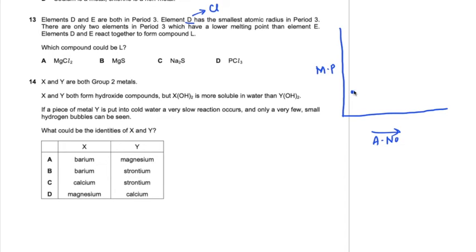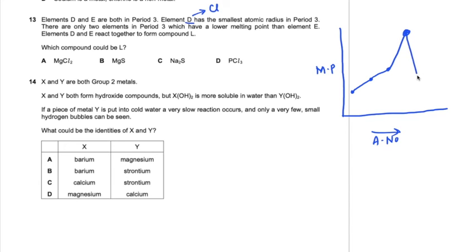From sodium to magnesium, melting point is increasing because there is a strong metallic bond, and aluminum has a stronger metallic bond than sodium and magnesium, so its melting point is higher. And after aluminum there is silicon, which has the highest melting point in the third period due to its giant covalent structure.